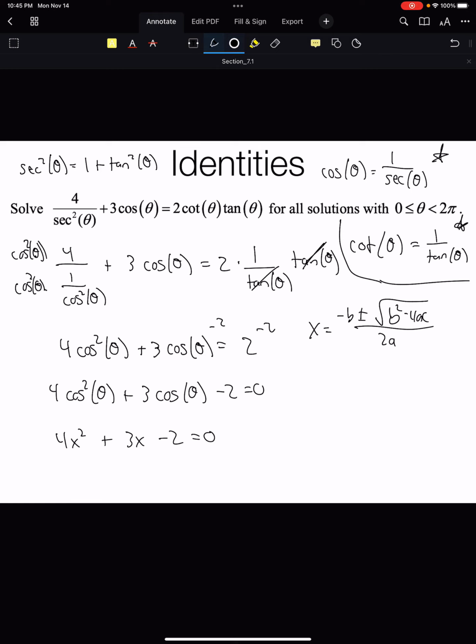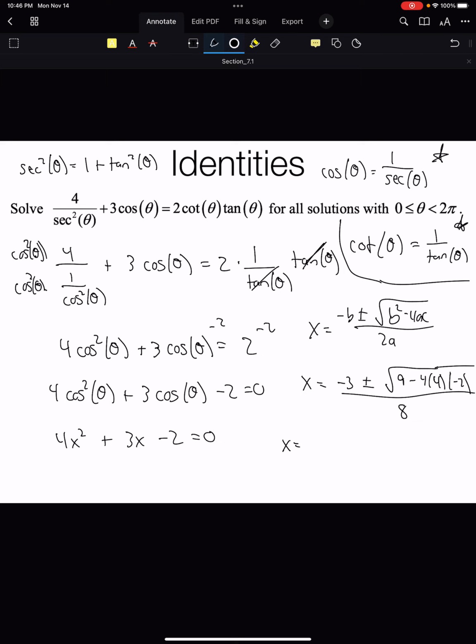But when we perform the quadratic formula, you get negative 3 plus or minus the square root of 3 squared, which is 9, minus 4 times 4 times negative 2, all over 2 times 4, which is 8. Okay, and I will skip a few steps and do some mathematical magic.